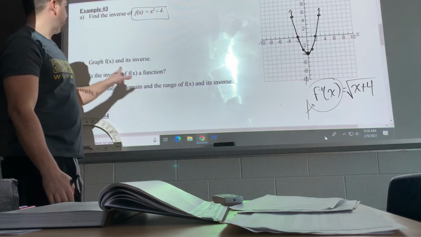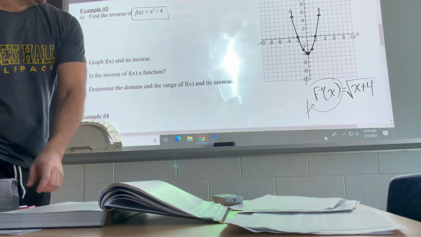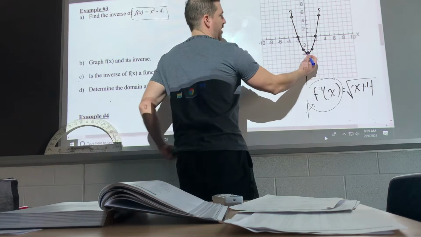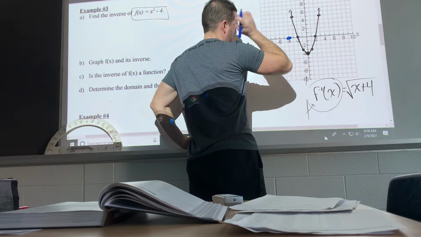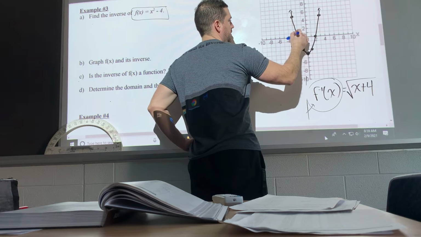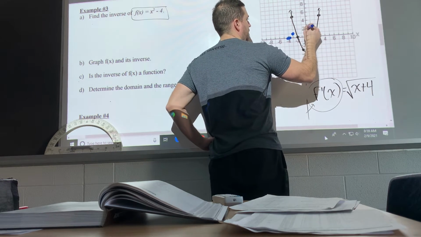Okay, so graph the function and its inverse. So now we're going to swap the points. So 0, -4 becomes -4, 0. 1, -3 becomes -3, 1. 2 and 0 becomes 0, 2.